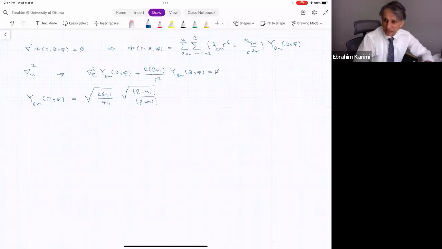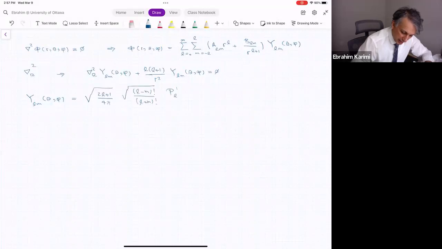Then we had 2 sets of complete bases, one for theta and one for phi. So it was P_lm of cosine of theta, and then e to the power of i m phi. That was the azimuthal angle, and that was the theta.